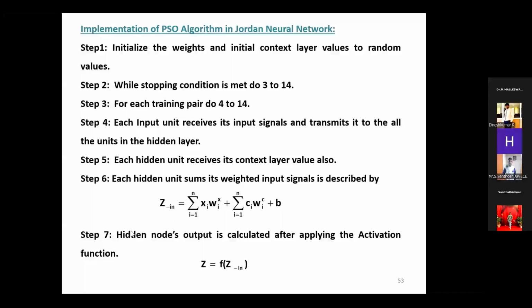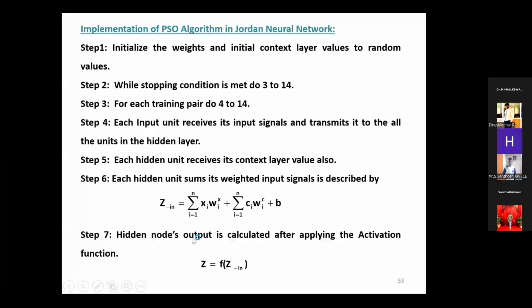You have two kinds of inputs: one coming from input nodes, the other coming from context nodes. So you have two kinds of multiplication: the input of the input node times the weight values of the input node, and the input of the context node times the weight values of the context node. Then add the bias value of your hidden layer.